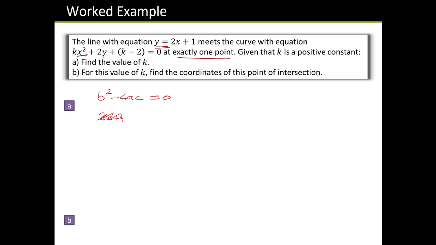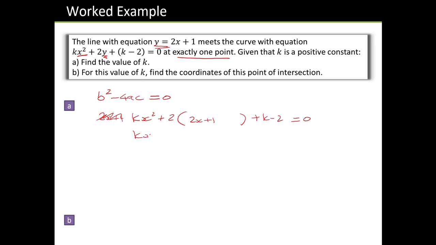So I think what I'm going to do is I'm going to sub into this y value here, okay? So let me write out the long quadratic, which is kx squared plus 2. The y is the thing I'm substituting into, so I'm going to give myself some space to work, plus k minus 2 equals 0. Now the substitution is that y is 2x plus 1, so that just goes in there.